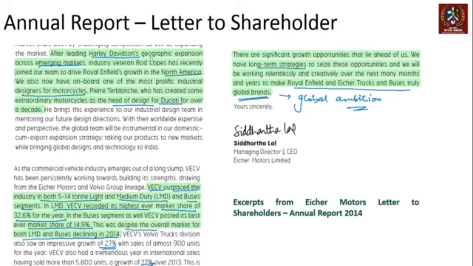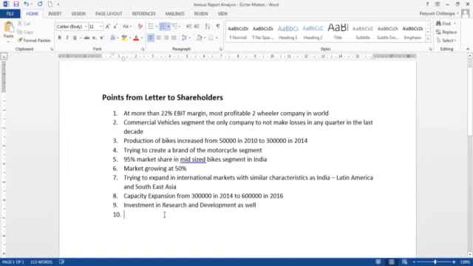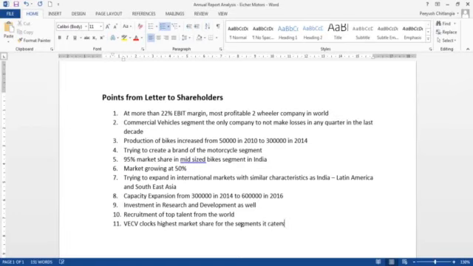So what else do we learn? Let's put all of this also in our document. So what they are saying is recruitment of top talent from the world. In addition, Volvo Eicher commercial vehicle clocks highest market share for the segments it caters to.